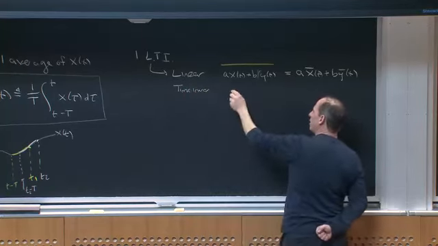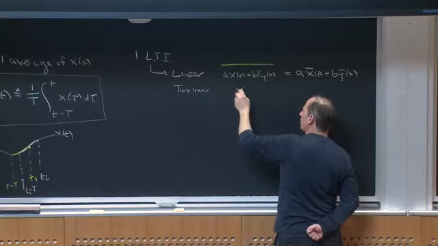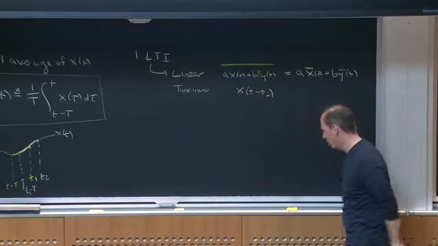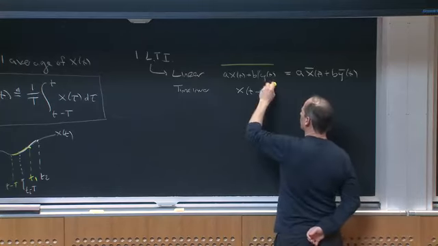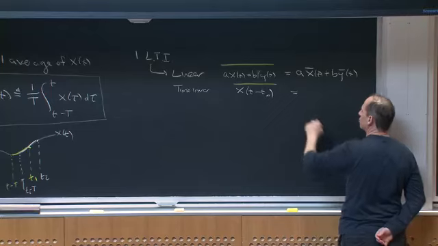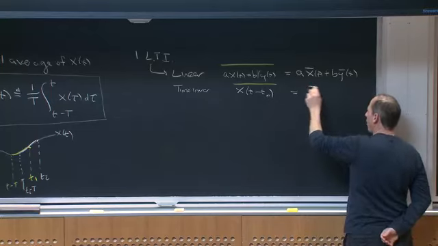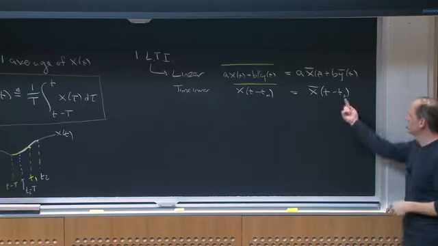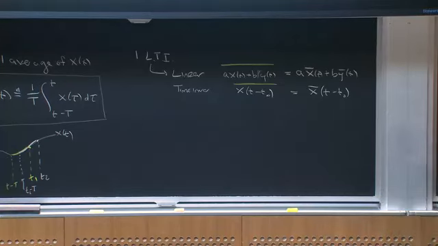by which I mean if I took a signal, x, and shifted it by some time t naught, and then I took the local average of that shifted signal, it's equal to x bar of t shifted by t naught. So the local average of the shift is the shift of the local average.